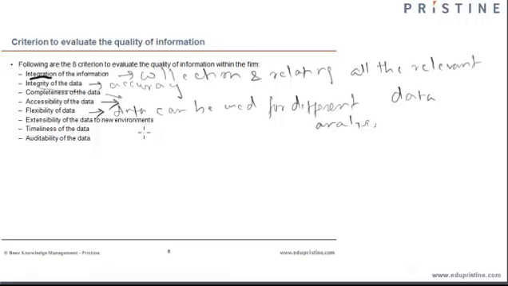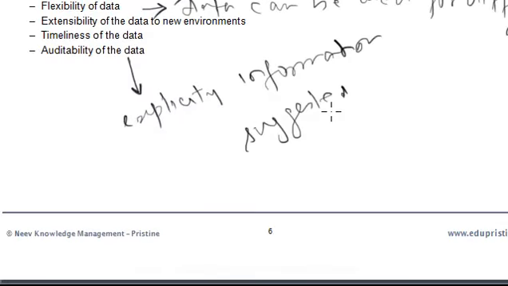Extensibility of data to new environments, timeliness of data, and auditability of data in terms of what it conveys explicitly. This auditability of data would refer to what the piece of data is explicitly conveying to the stakeholders.